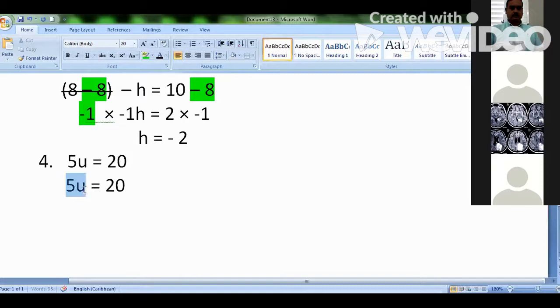So what I'm doing, I'm going to divide. Right, so both 5s will cancel out, not true?